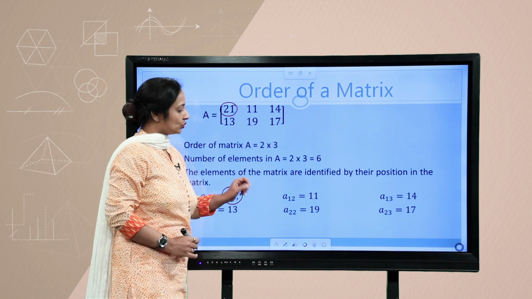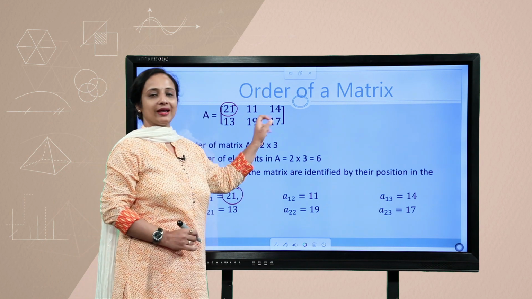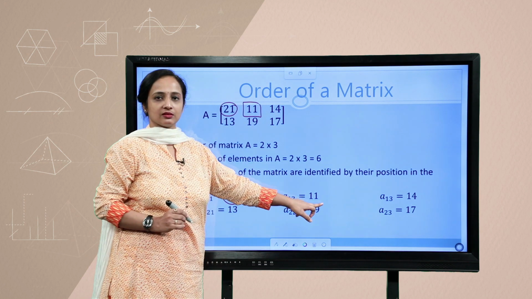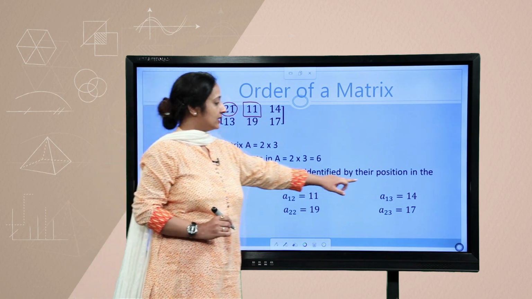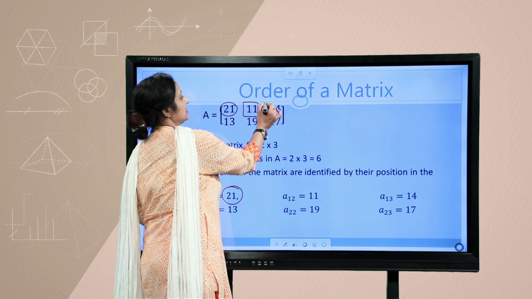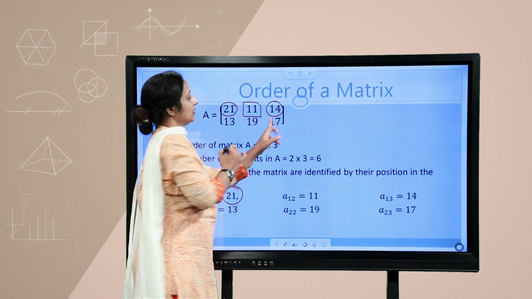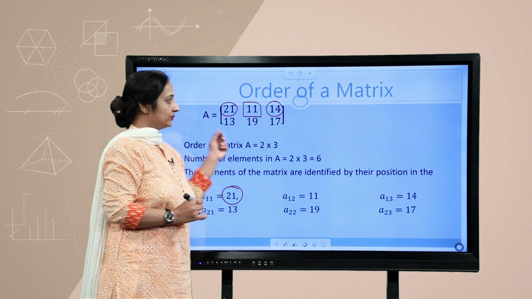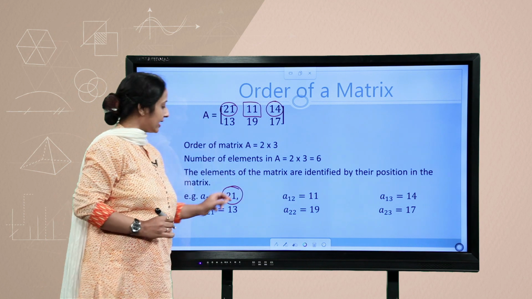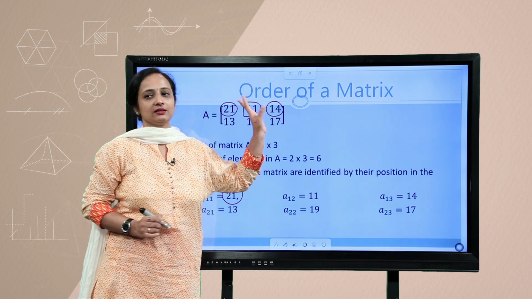Similarly, a12 is in the first row and second column. Similarly, a13 is in the first row and third column. Similarly, you can have a21, a22, a23 as 13, 19 and 17.